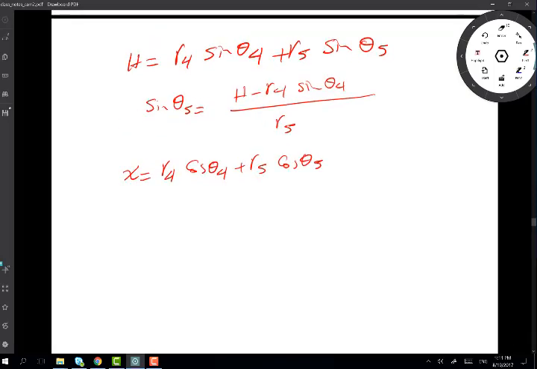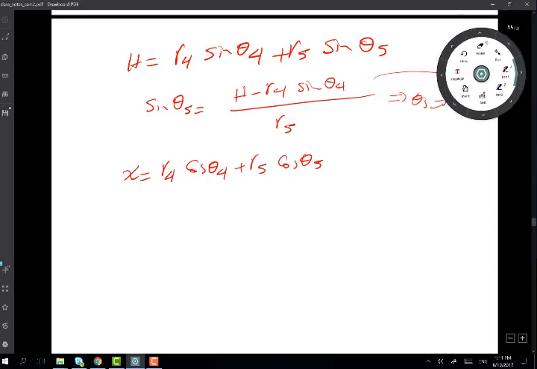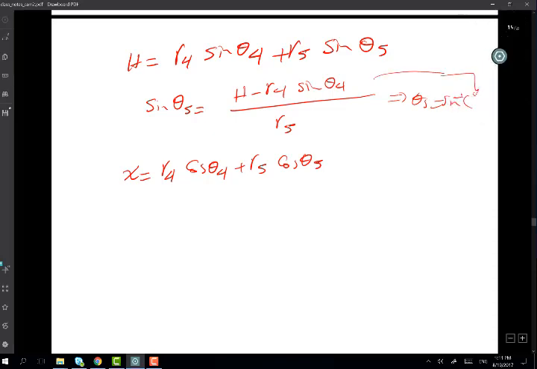When I calculate the angle theta 5, I go sine minus 1 of this expression here, and then I can plug theta 5 in here to find x. So I have a procedure more than anything.